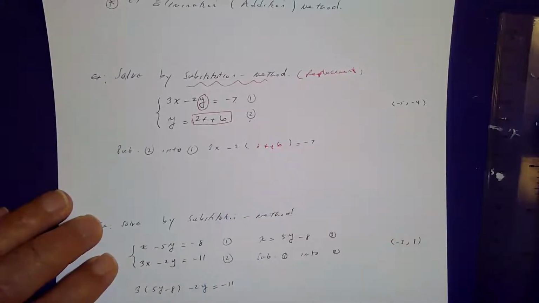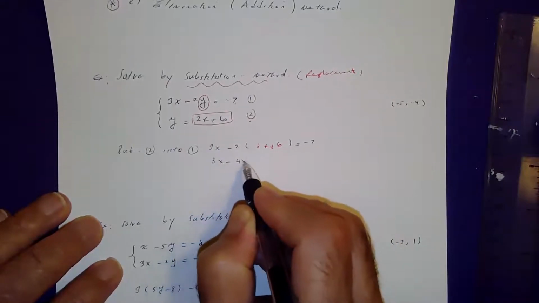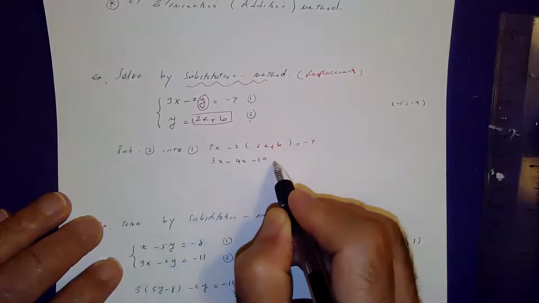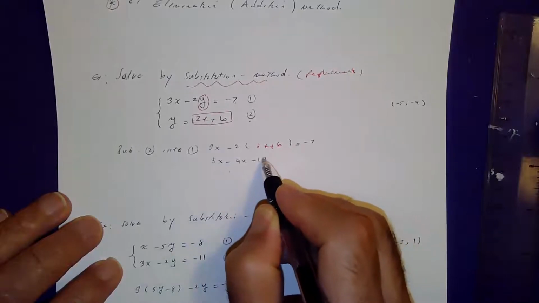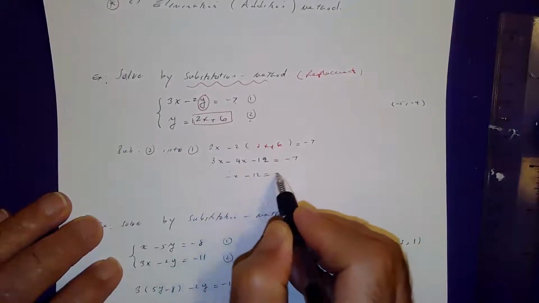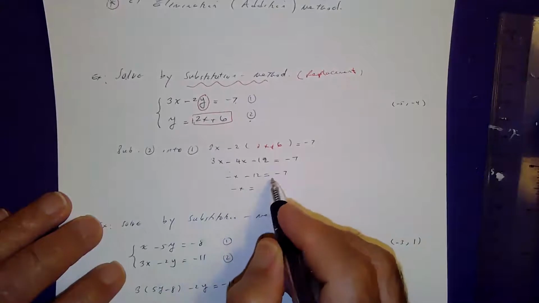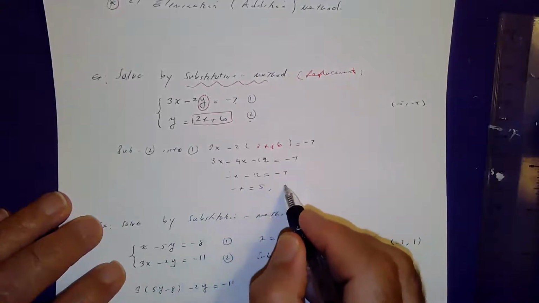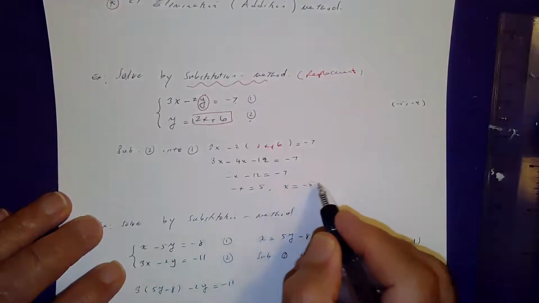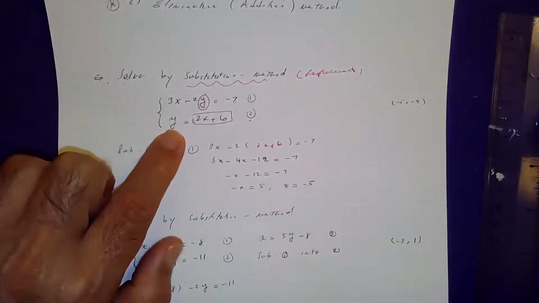So now, if you remove the parentheses, you get what? 3x minus 4x minus 10, minus 12 is equal to -7. So minus x minus 12, -7. So minus x is equal to what? 5. So x is equal to what? -5.